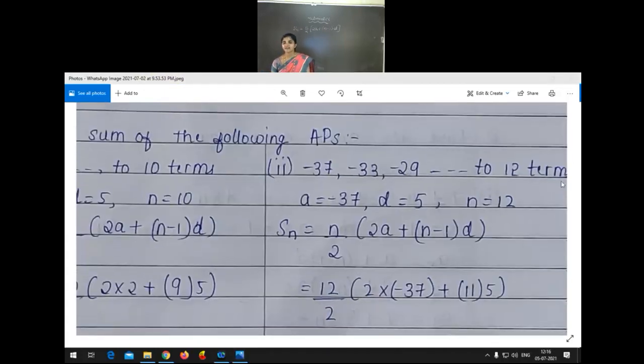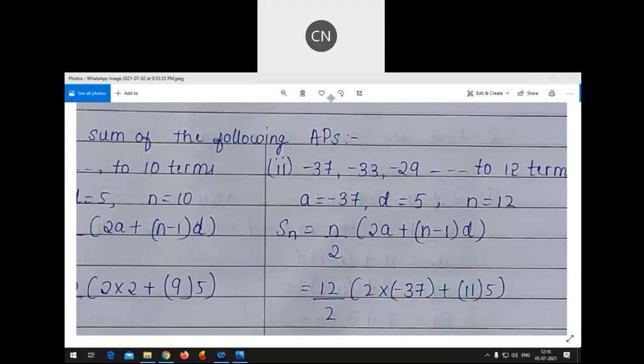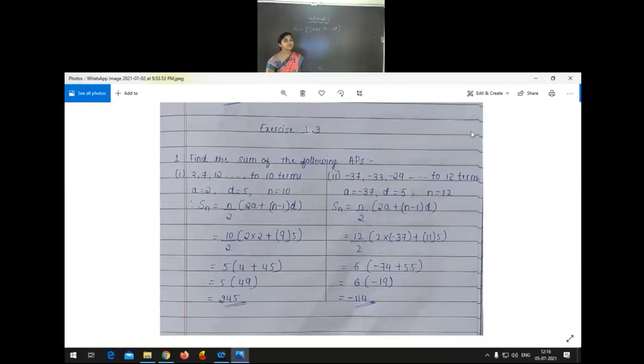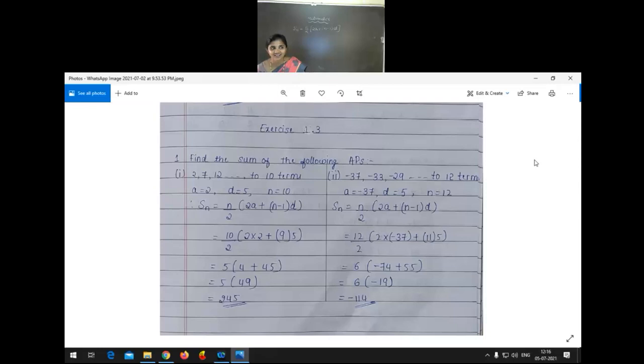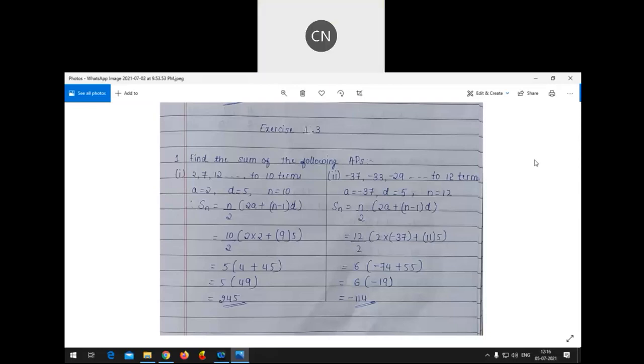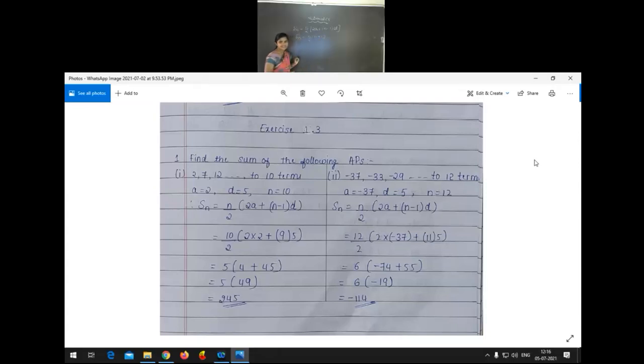Yes, Chaya is raising the hand. What is your answer, Chaya? Sn is equal to n by 2 into n plus 1.